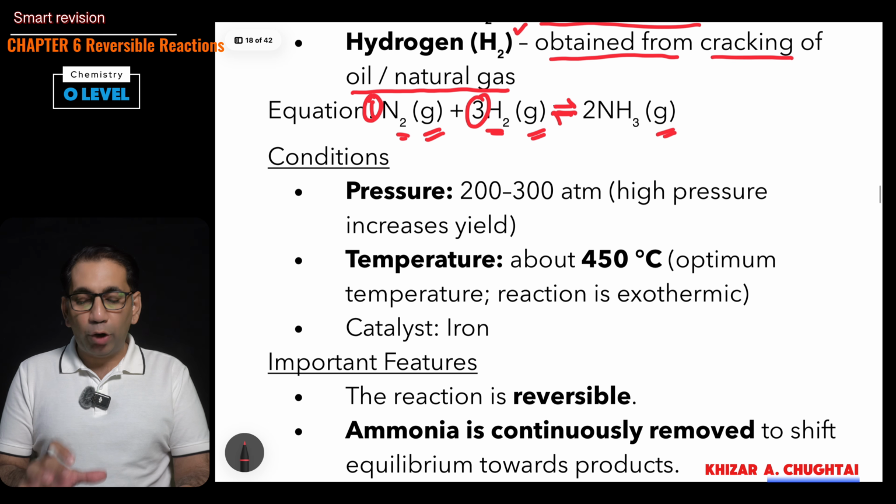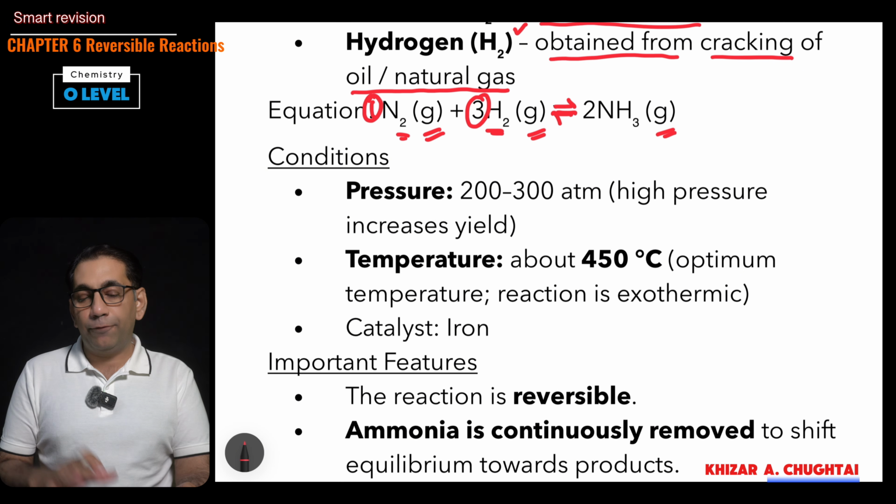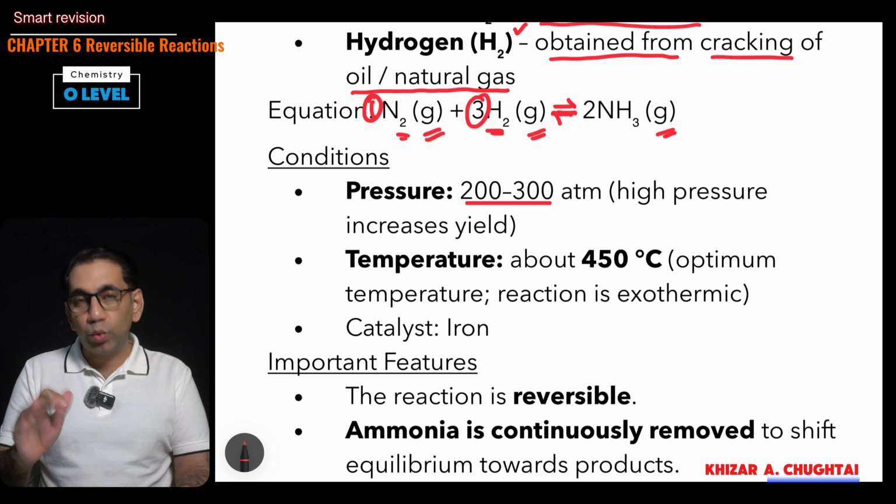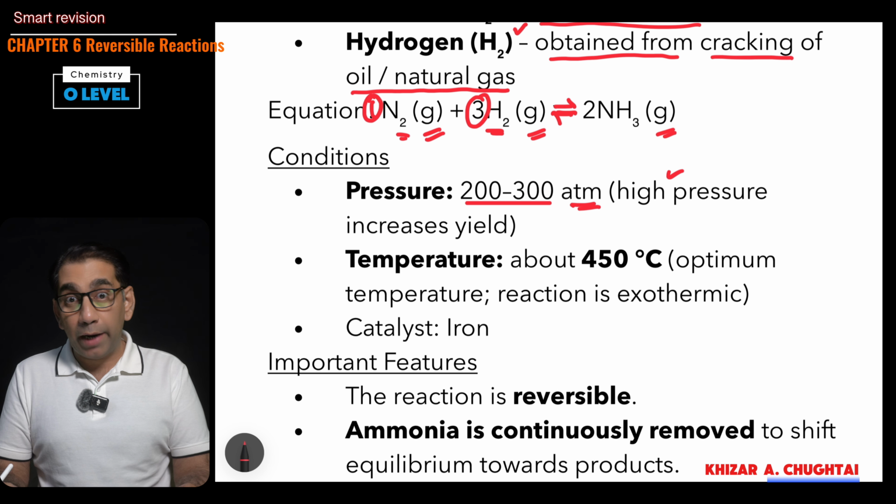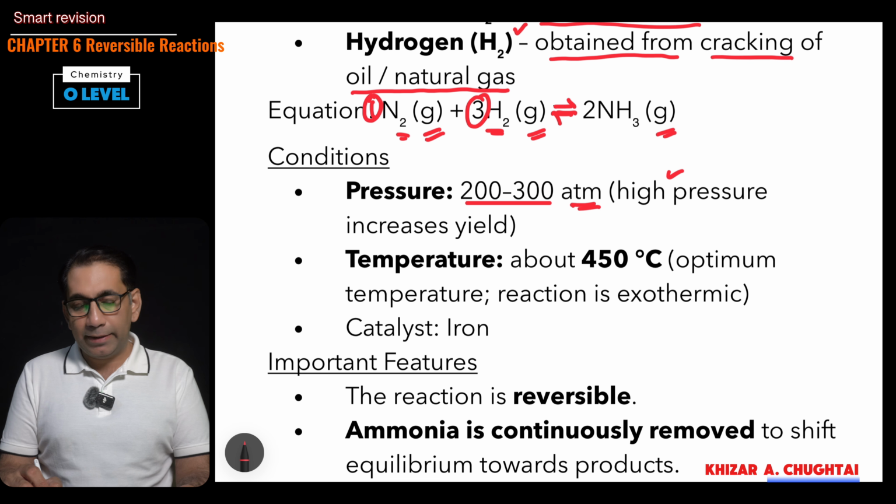Now the basic and important phase is this one. We are going to talk about the conditions of synthesis of ammonia. Here we are going to apply a pressure of 200 to 300 atm, that is a high pressure to increase the yield of the chemical reaction.